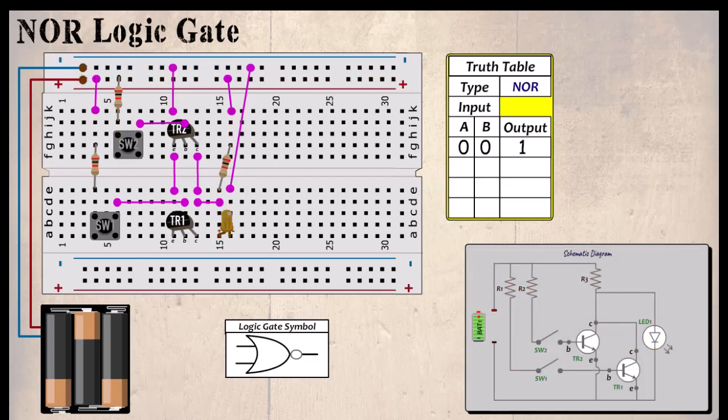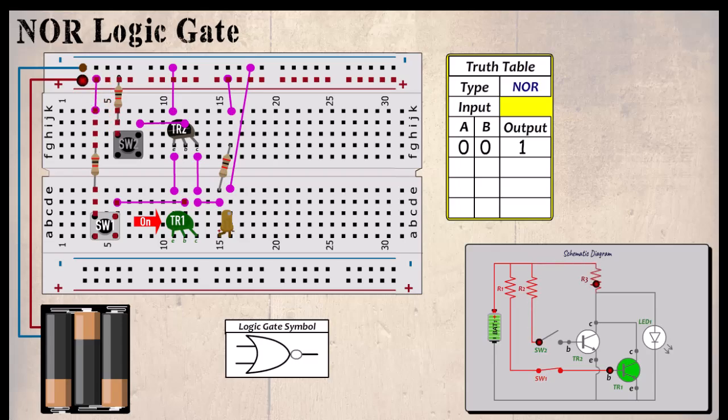This time SW1 is closed and the battery connected. Current can now flow to TR1, switching it on. Current continues to flow to SW2, which is still off.